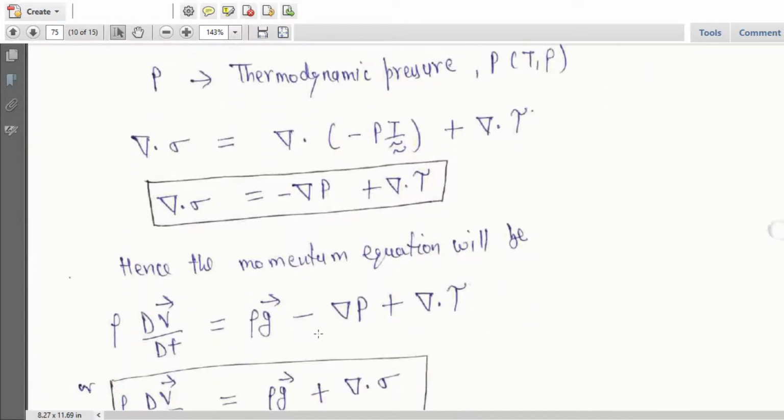Then the momentum equation can be written here as rho del v upon del t equals rho g plus del dot sigma, where del dot sigma is minus del p plus del dot tau.